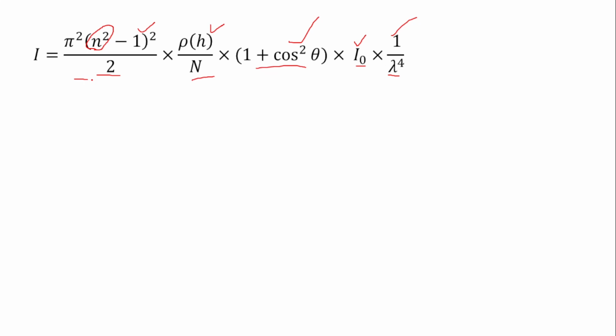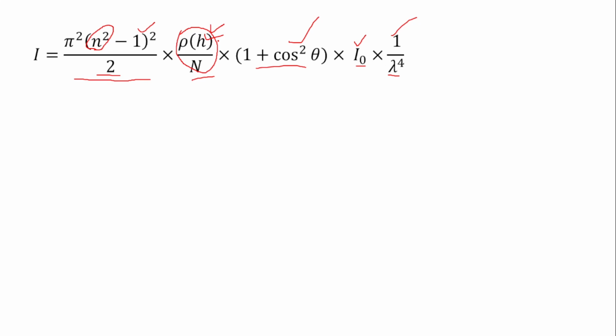So this whole term for all the wavelengths in the visible spectrum behaves like a constant. Then this is the number density, and we see here rho is a function of height. We know that the number density of atmosphere decreases as we move away from the sea level, but for all the wavelengths this change is uniform. That is, the value of rho(h) is the same for red and indigo and violet and all the other colors in the spectrum.